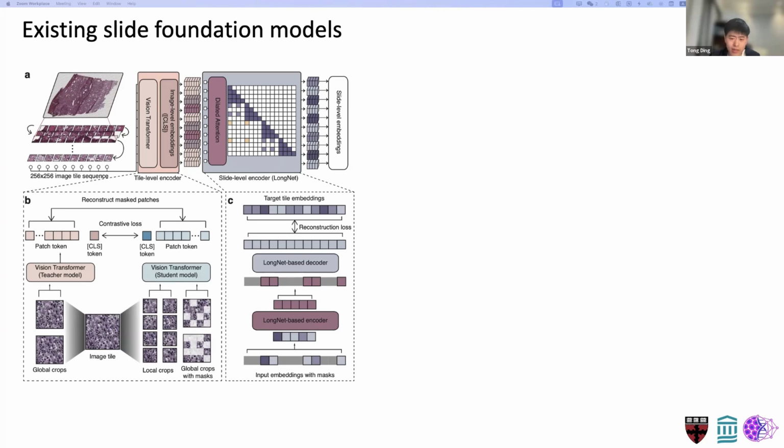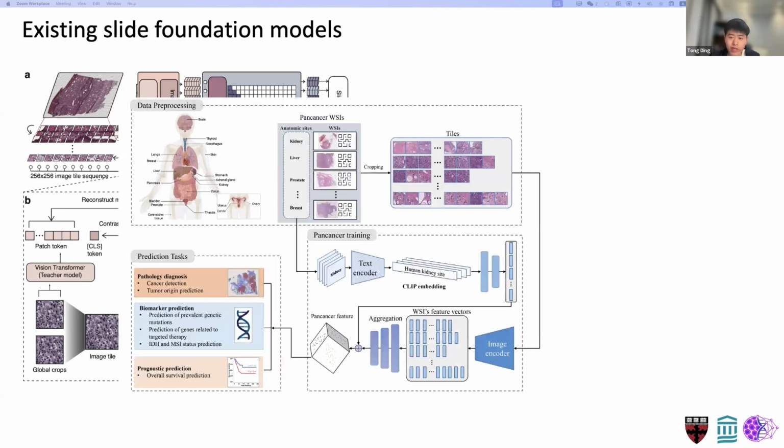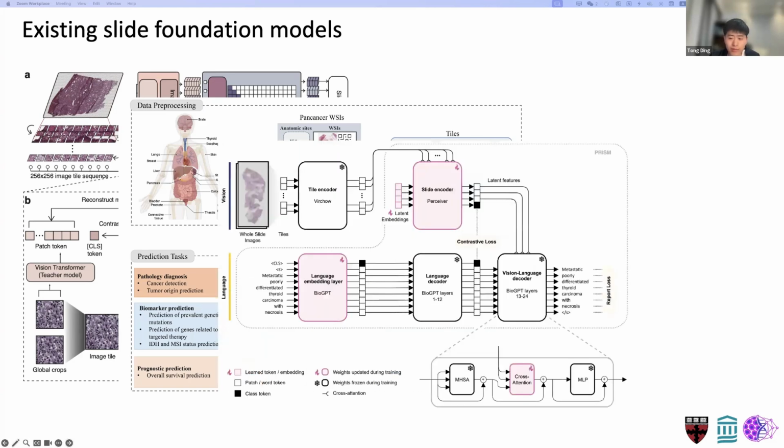The next one is CHIEF, also more recently published in Nature. It adopted a supervised contrastive learning approach that predicts cancerous versus non-cancerous on around 60,000 data sets. And the last one is PRISM, which performs specimen report level contrastive learning.